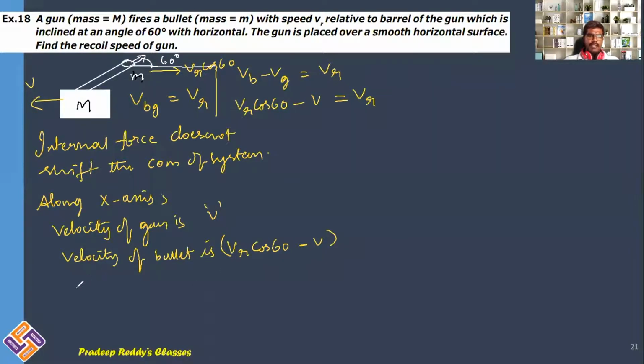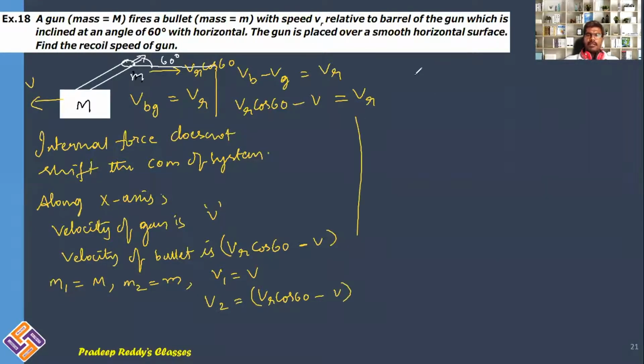Now you can write m1 is equal to mass capital M, m2 is equal to small m, v1 is equal to the velocity of the gun, that is V, and v2 is equal to Vr cos 60 minus V. Right?